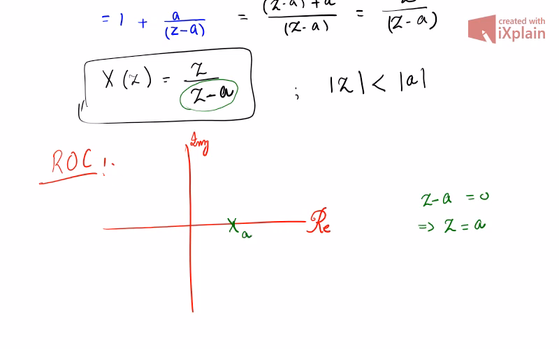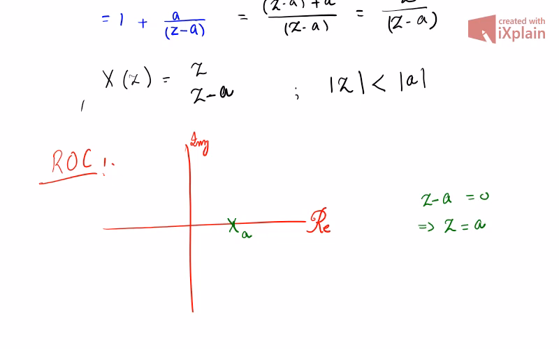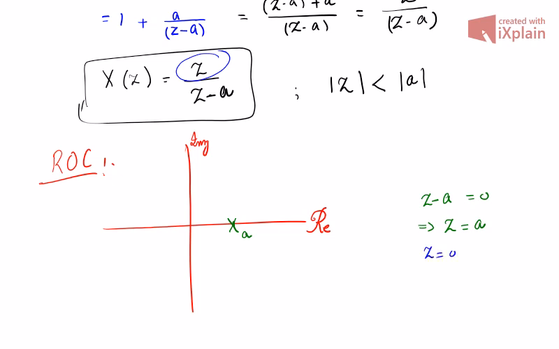And if we want to find the zeros, we just equate the numerator, which is this one, equal to 0. So z equal to 0 actually gives you the zero of this function x of z.